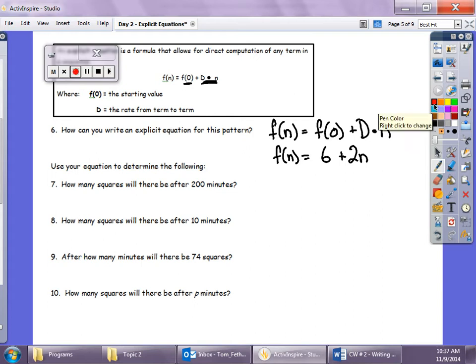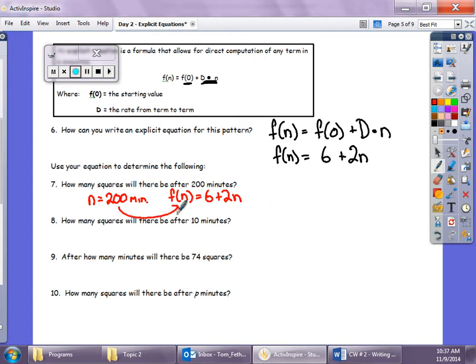So if we want to figure out how many squares there will be after 200 minutes, well, what we know is that n is equal to 200 minutes. So if we have our equation, which is f of n equals 6 plus 2n, we plug in 200 for n.